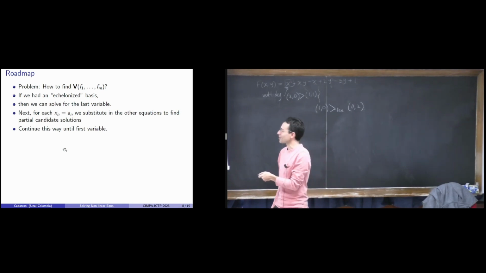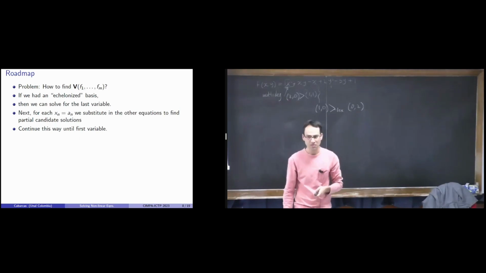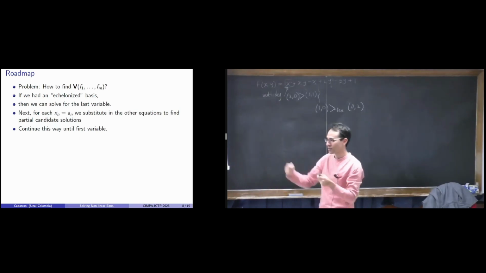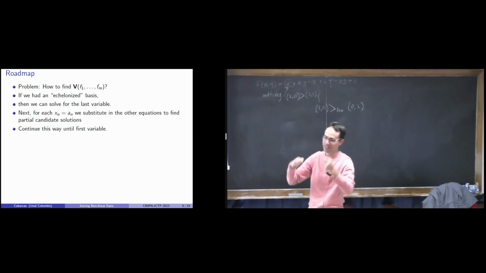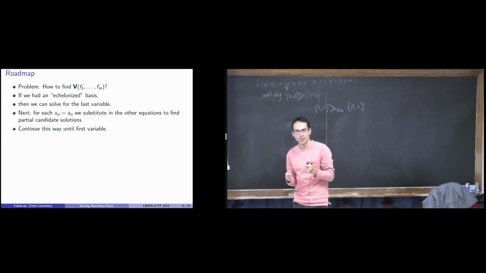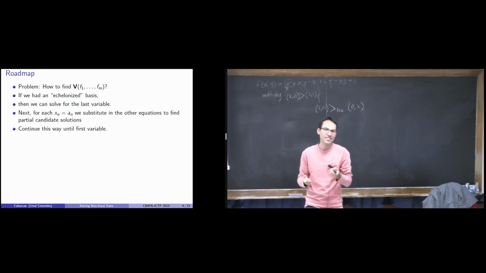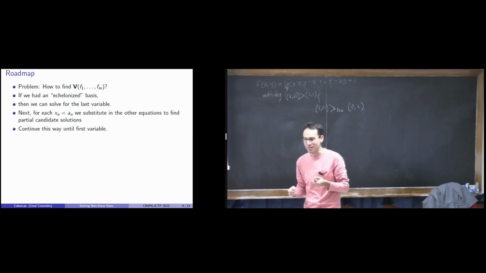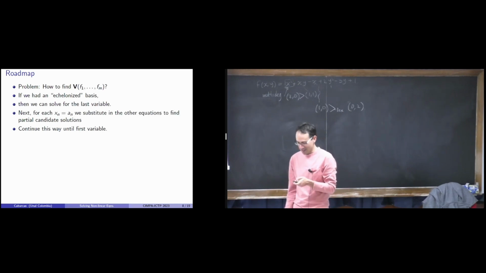And we can continue that way until we get to the first variable. Extend the solution by substituting back. So this is very similar to the back substitution in linear algebra, but we need something more than just echelonized in the sense of linear algebra. We need a little bit more.